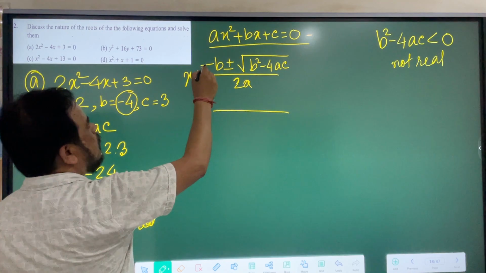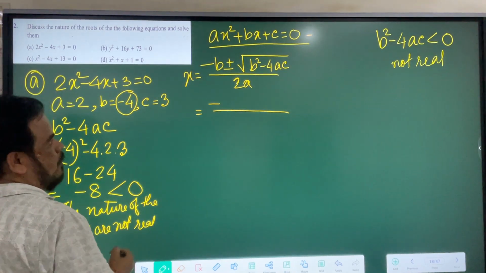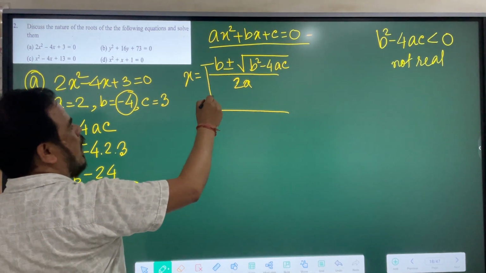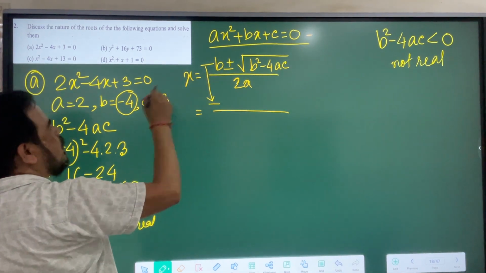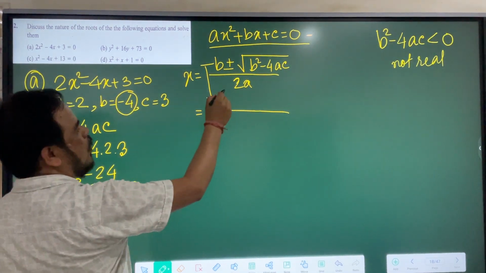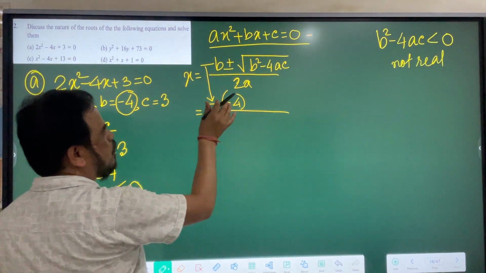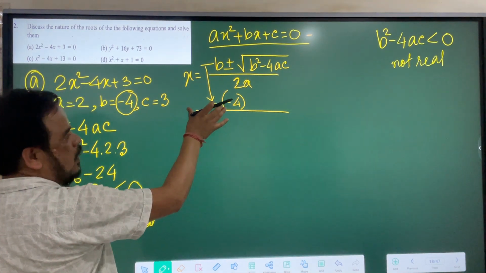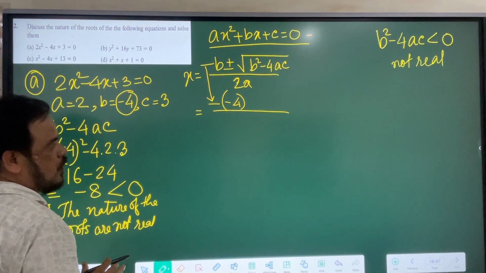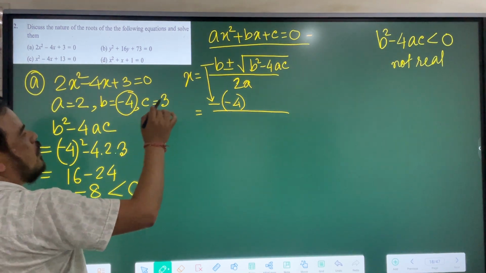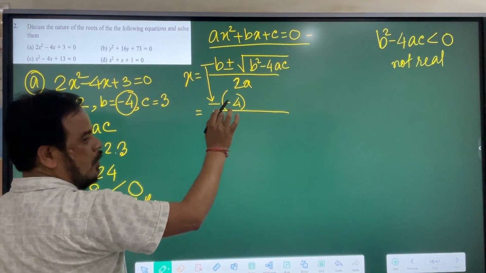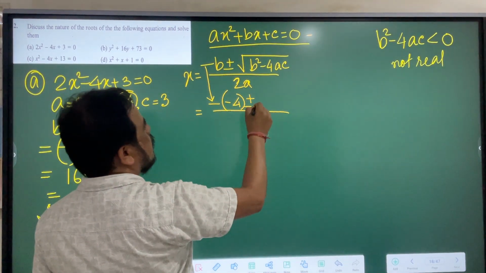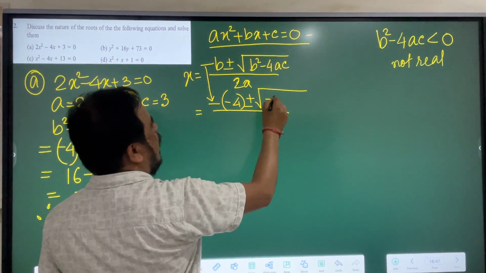Because this minus sign is from the formula, I have written it from the formula. What is B? B is itself minus 4. So we have to write it like this. Remember this part, what I have just told. This is the mistake generally made by students. If b is minus 4, students write only minus 4. That is wrong.